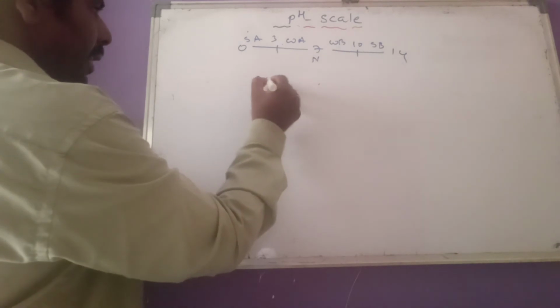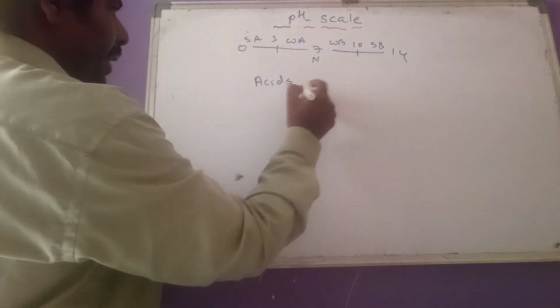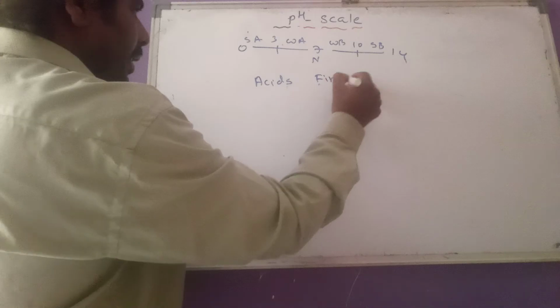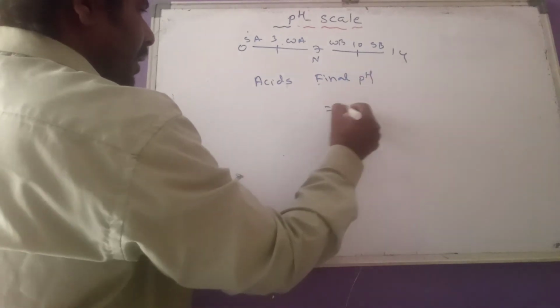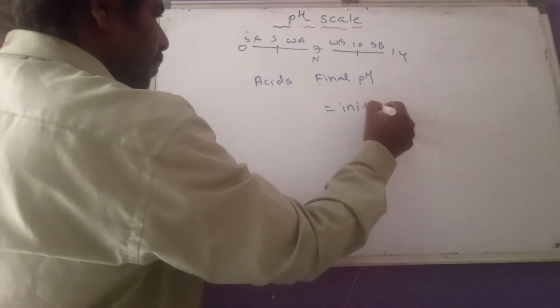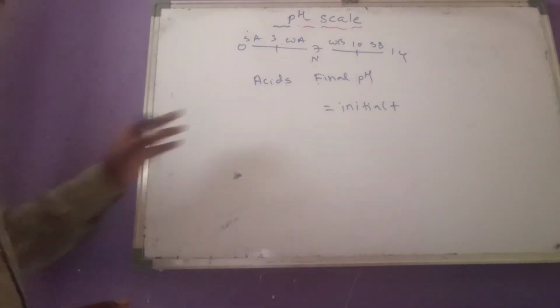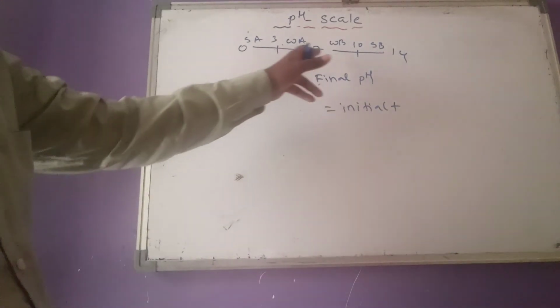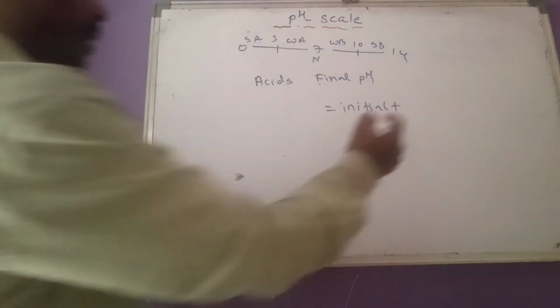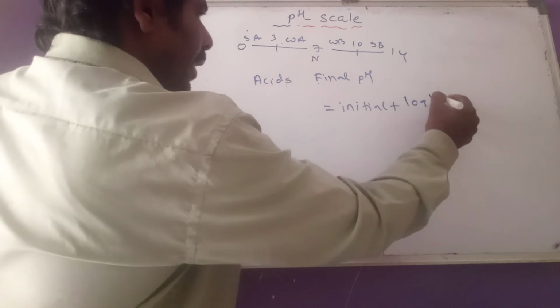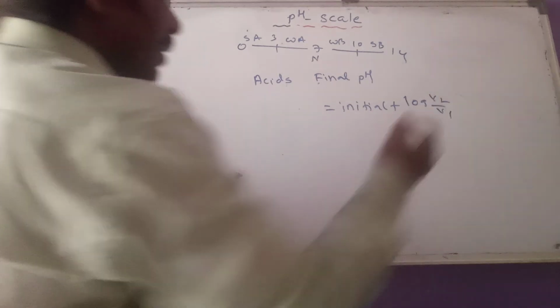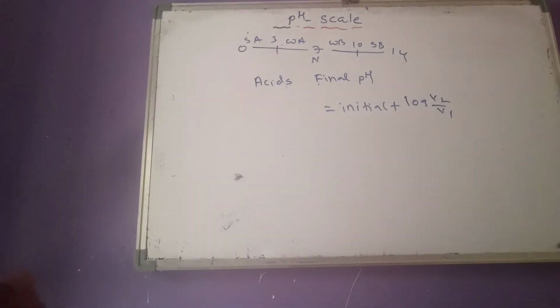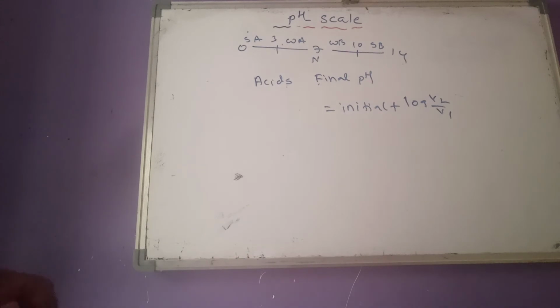So for acids, the final pH equals the initial pH plus log V2 by V1, because if an acid is diluted its pH value increases. V2 means final volume, V1 means initial volume.